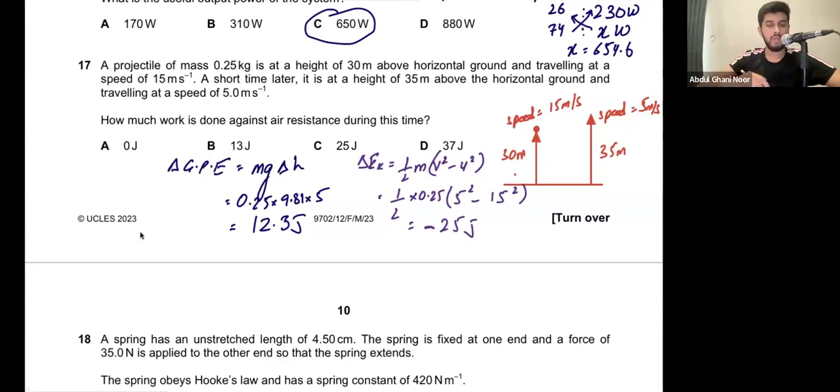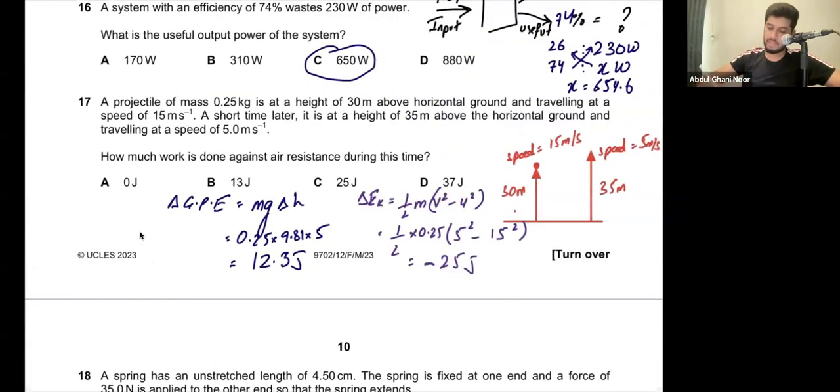That energy got converted into heat. That is the work done against air resistance. How much is that? That is basically 25 minus 12.3, and that is 12.7 joules. Hence the answer is 13 joules.